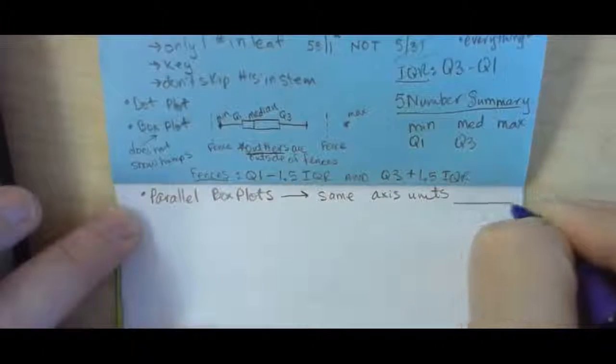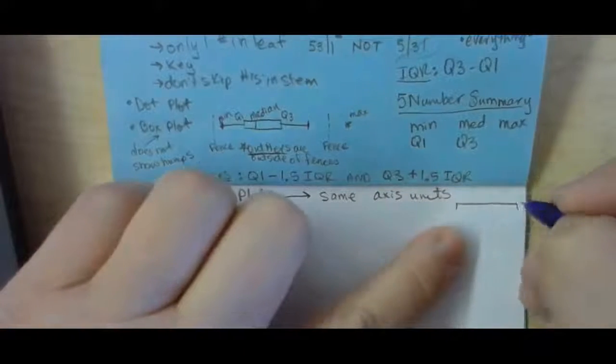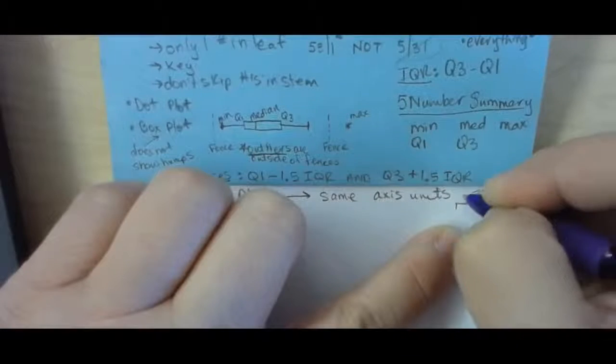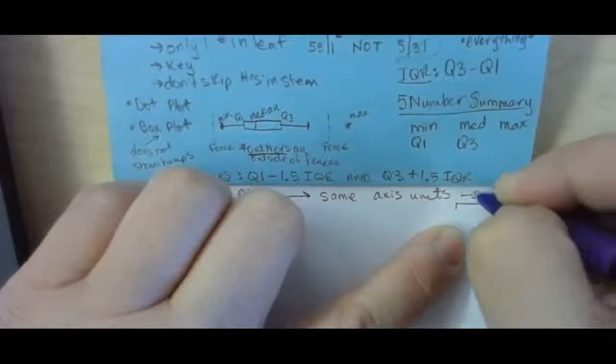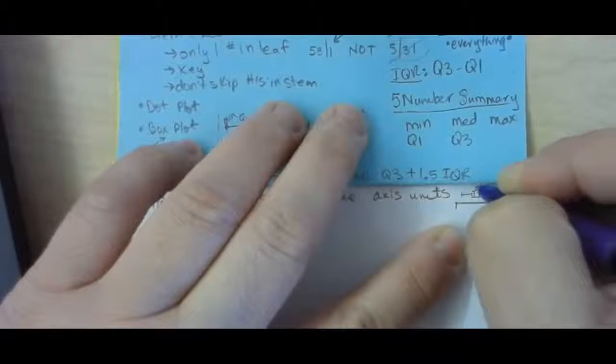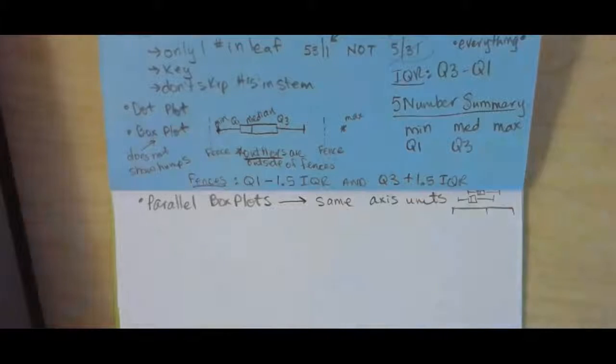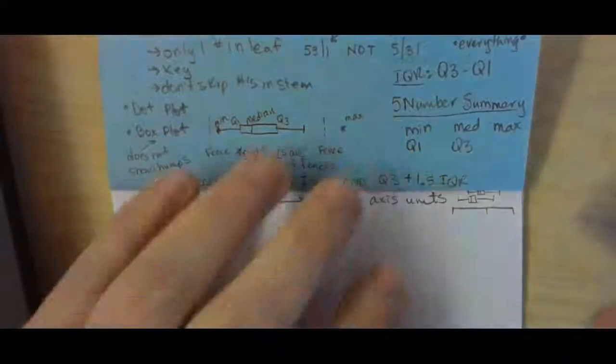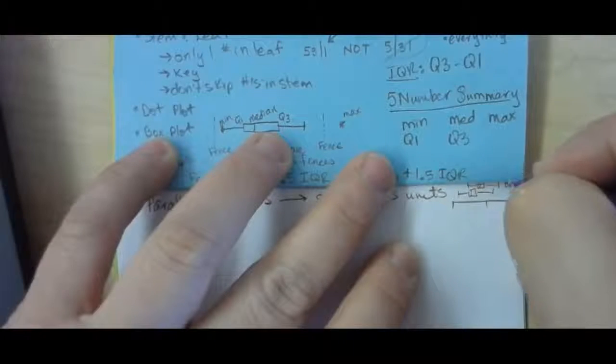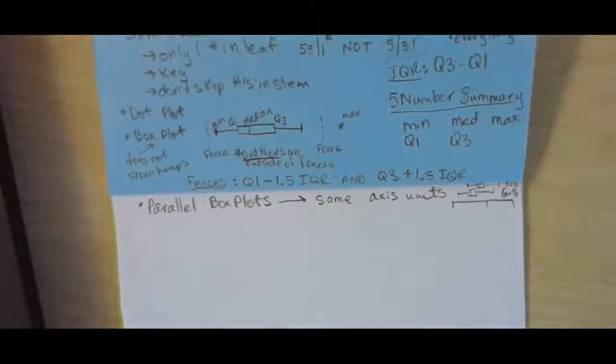So if I have one axis here, I would have one box plot, and then I'd have another box plot. So they're on the same thing. They just hover above each other. Make sure you label, maybe this is boys and this is girls. You do have to label which is which. Okay?